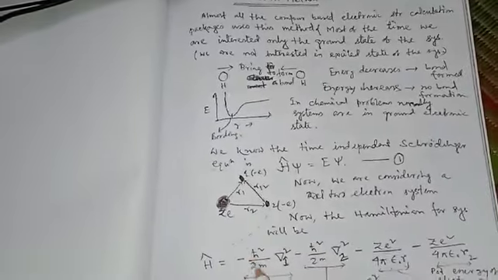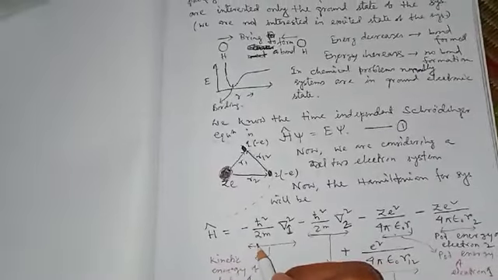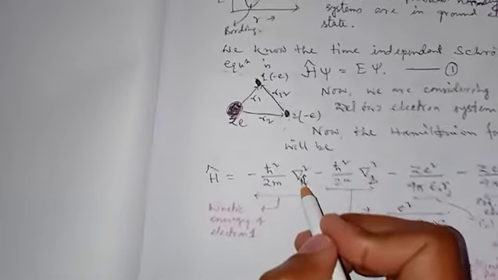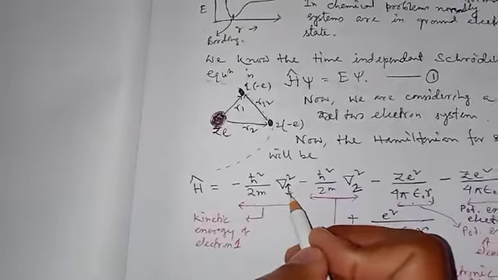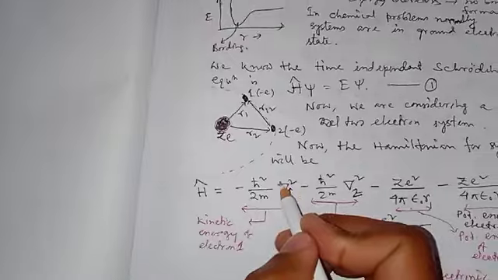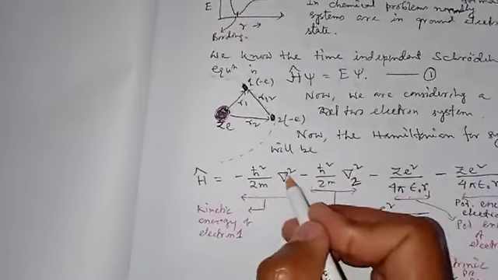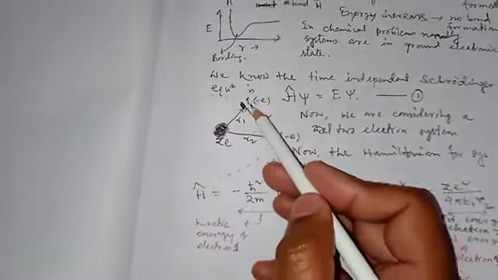First, the kinetic energy term for electron 1 is minus h cross square by 2m del square 1, because this differential term depends upon the coordinates of the first electron.